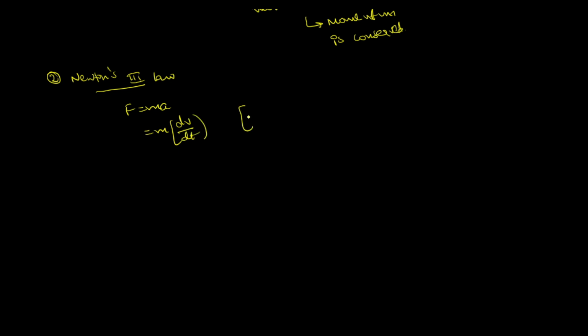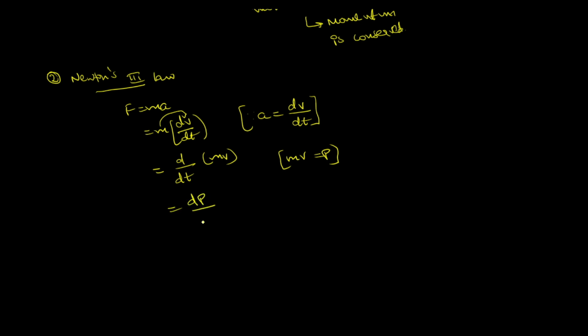Nothing but acceleration, since acceleration is the change of velocity with respect to time interval, right? Now this will be equal to d by dt of mv. I just brought m inside. And what is this mass into velocity? Mass into velocity is nothing but momentum. Therefore, I'm rewriting this equation as dp by dt.